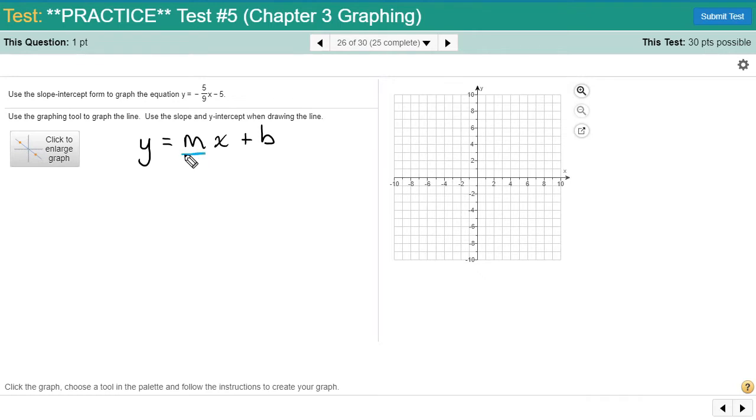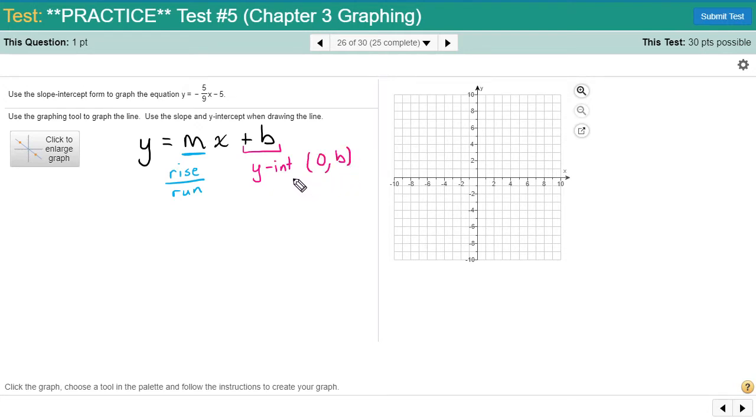We can identify what the slope is, right? So this is the rise over run. And we can quickly identify what the y-intercept is based on b. This is the y-intercept. Where does your graph cross the y-axis?